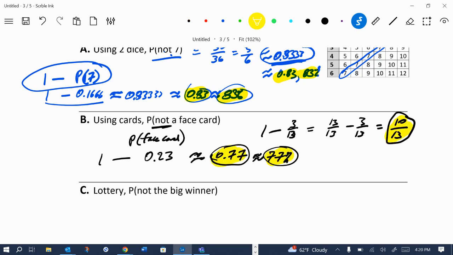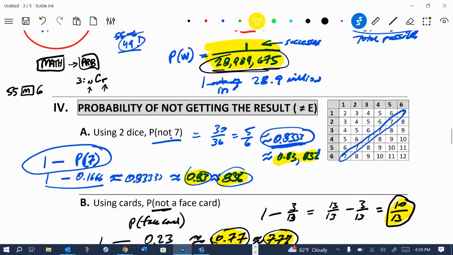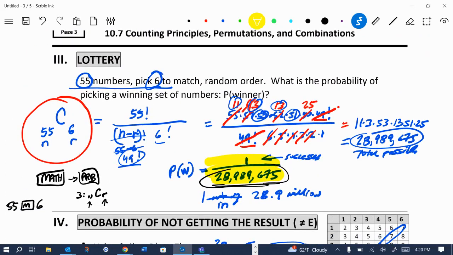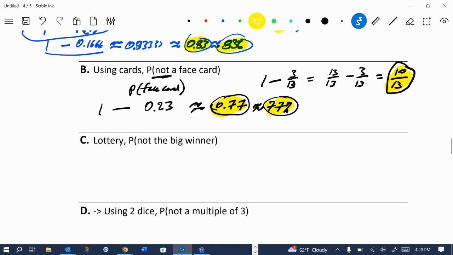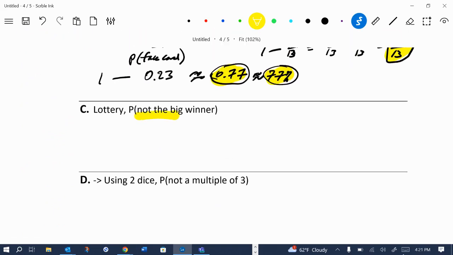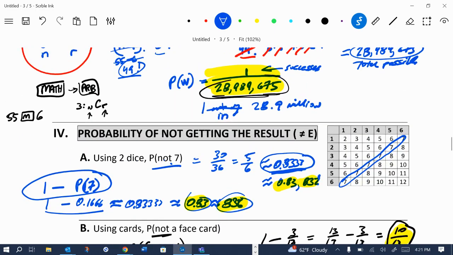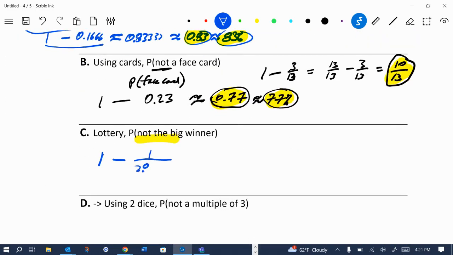Now, let's look at the other one. So each one of these, I'm going back to other examples and doing 1 minus it. The probability of a lottery was this 1 over 28,989,675. So if I wanted to get, what's the probability that I won't get that big winner? It would be 1 minus that 1 over 28,989,675.